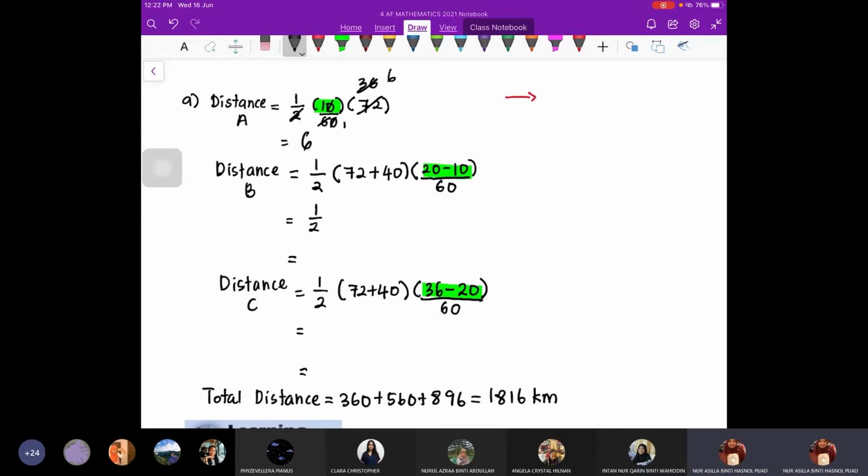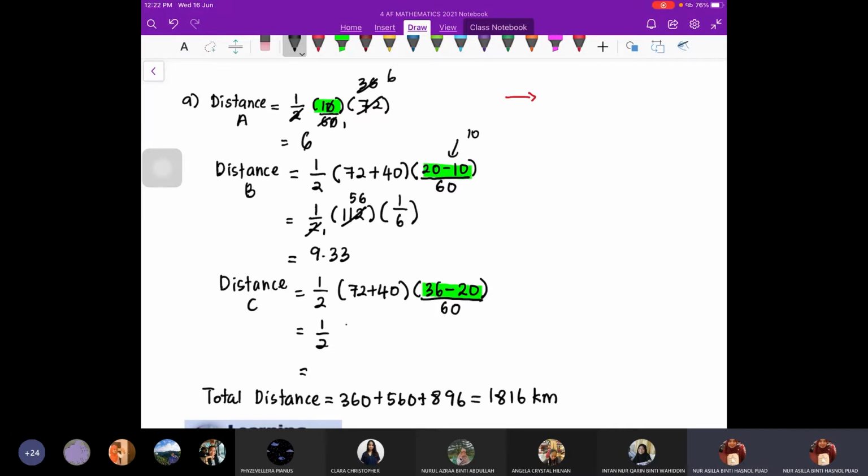Okay. So 1/2 times 112 multiply with 1/6 juga. Because 20 tolak 10 is 10. So 10/60 is 1/6. Okay, so I divide again. 56. Okay, and then 56 divided by 6 is 9.33.